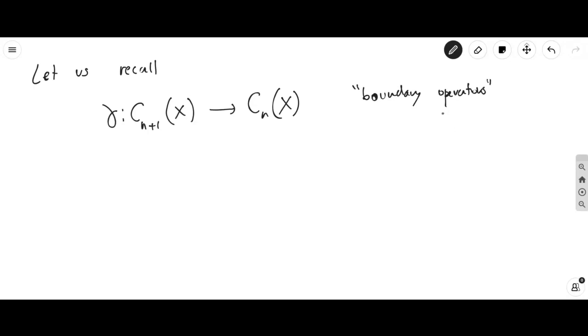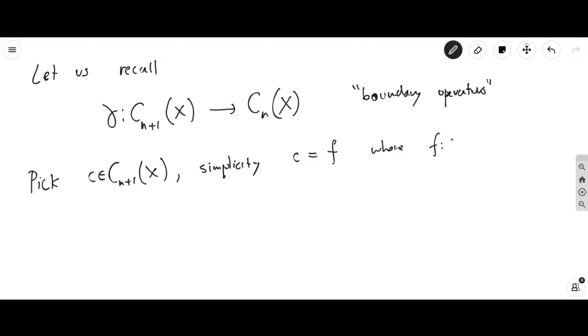And the way we do this is, we pick an n+1 chain in X, and for simplicity, we can assume it's just a single path, where F is a mapping from the n+1 simplex into X.